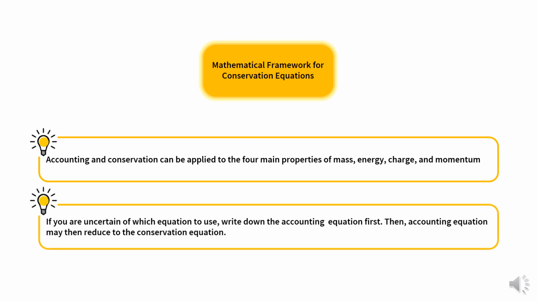As a good rule of thumb, if you are uncertain which equation to use, write down the accounting equation first, and for particular systems or extensive properties or both, the accounting equation may then reduce to the conservation equation.